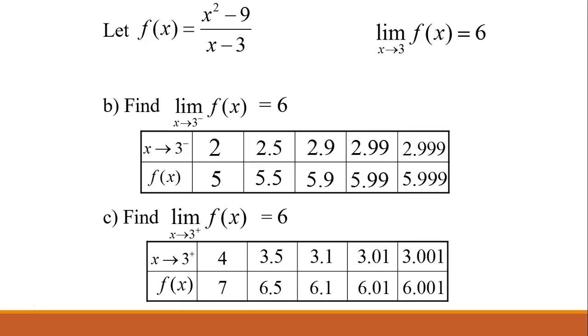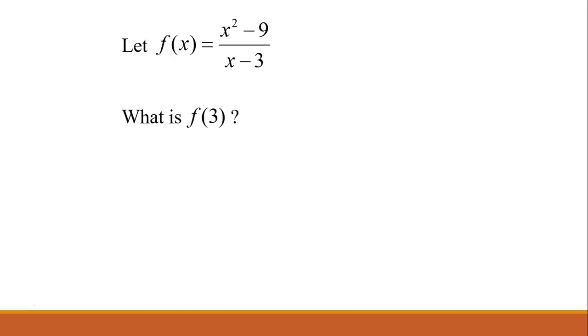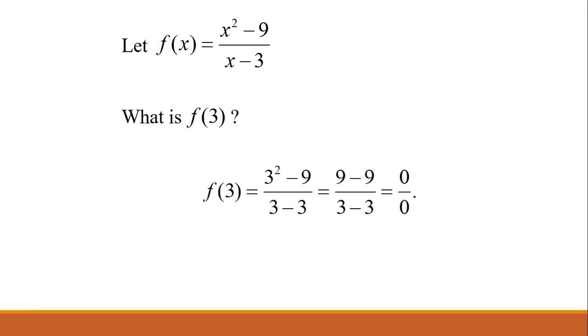Another thing we talked about was that this particular function is undefined at 3. Because if 3 is used as an input for x, we do have division by 0 taking place. So 3 is not part of the domain of the function, but we still were able to find a limit as x approached 3.